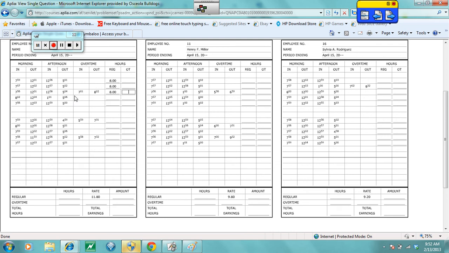But we have overtime to figure. So once again, your departure time, 8 o'clock, minus your arrival time, 7 o'clock, leaves us 1 hour. And going on down, if you look at them, you'll discover that they all have 8s for regular hours.